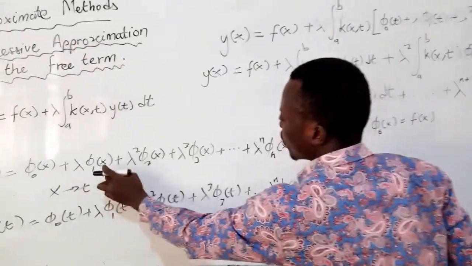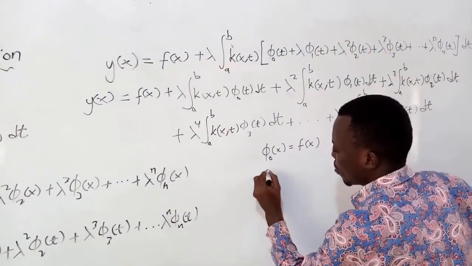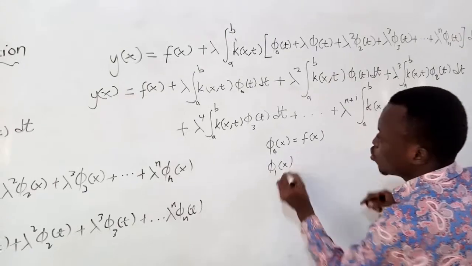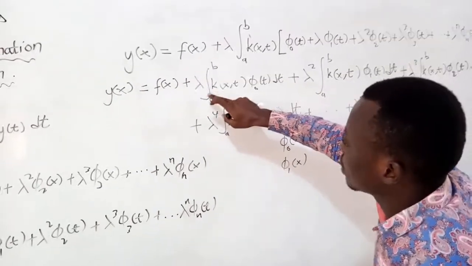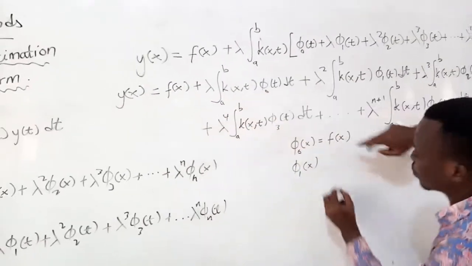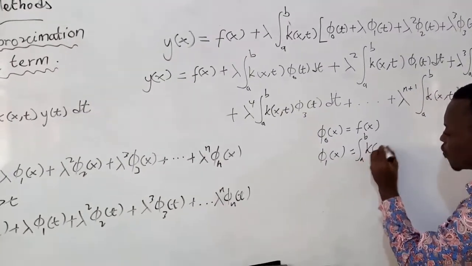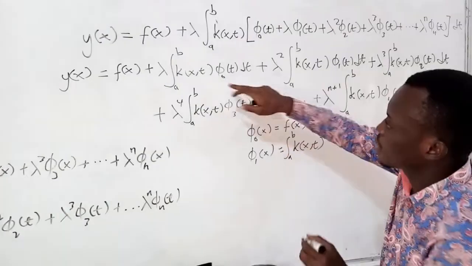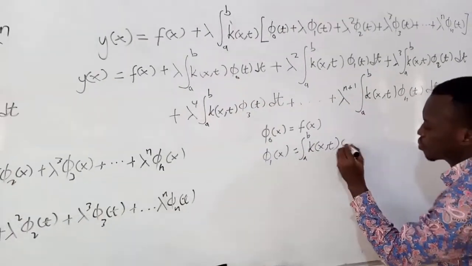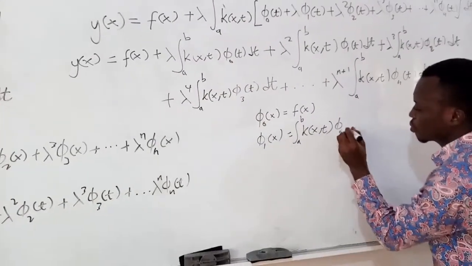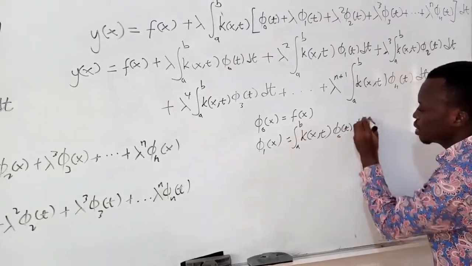Then phi 1 of s will be equal to the whole of this, which is integral from a to b, K of s,t, phi naught of t dt.